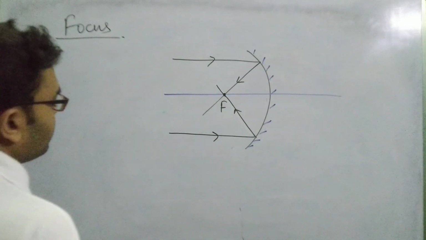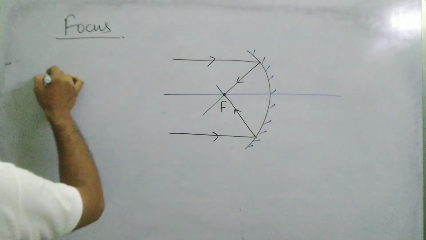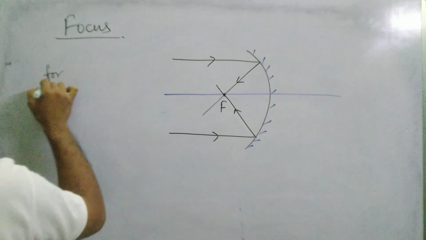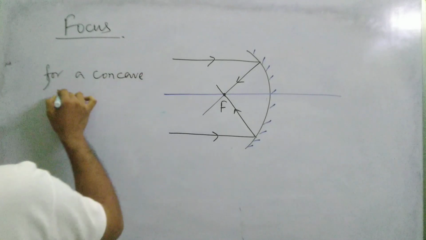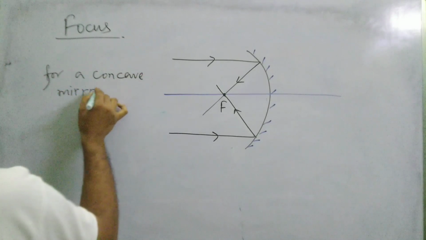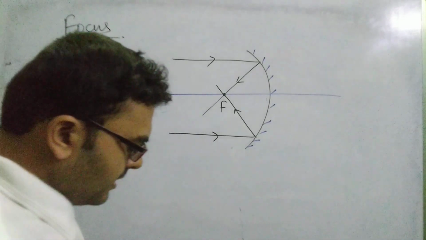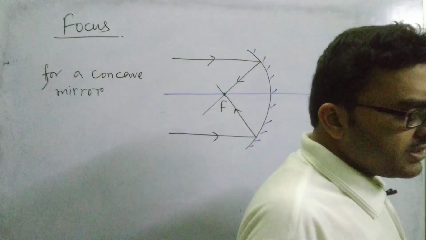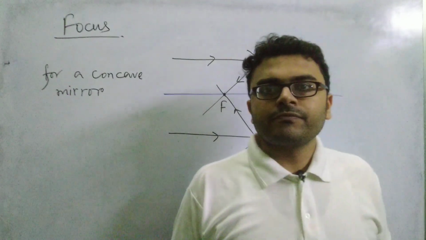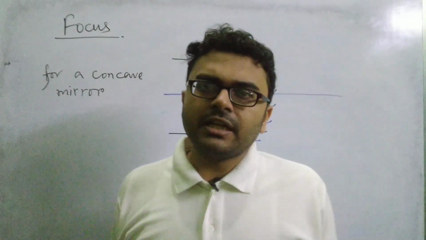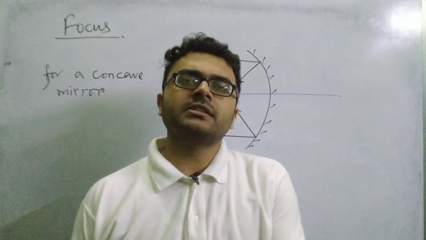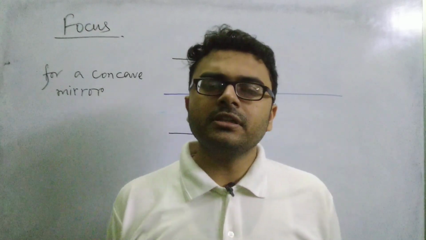So, how can we define focus for a concave mirror? Can I define it like this, that for a concave mirror, focus is a point on the principal axis through which incident light rays coming parallel to the principal axis pass after reflection from the mirror?